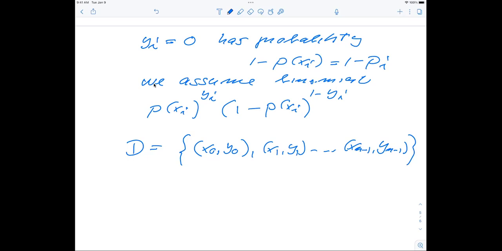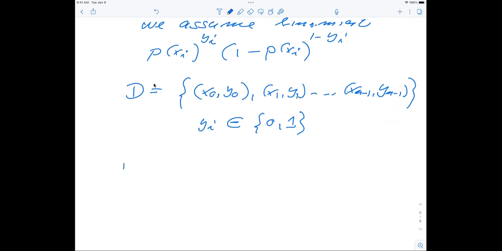I'm not specifying here whether the x's are a matrix or vector, I'm just leaving it as it stands. The x's are the inputs and the y's are the outputs. The y_i, as we have decided already, are simply given by 0 or 1, or true, false, minus 1, plus 1, or whatever.